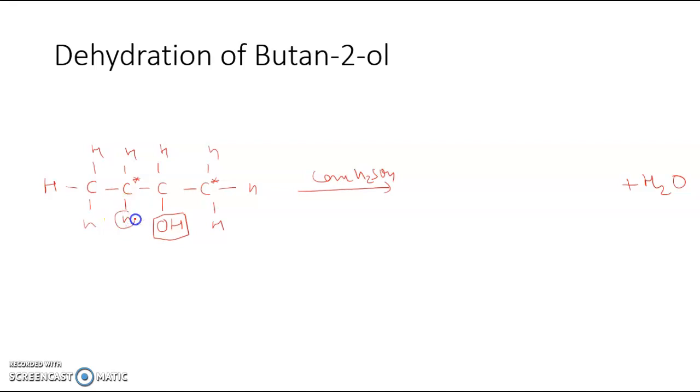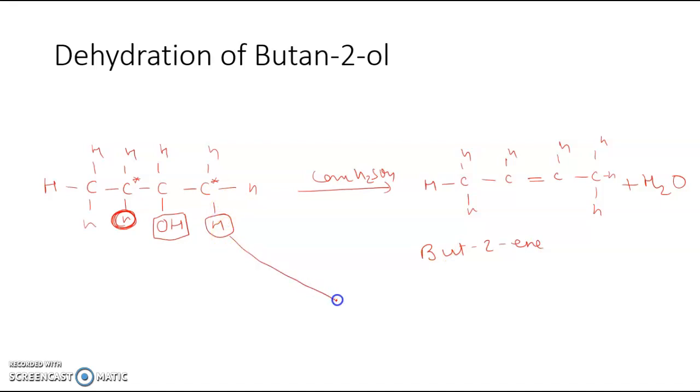Therefore, if we remove the hydrogen from this particular carbon, you could get a product which looks like this. So you get a product like this. So this one would be but-2-ene.